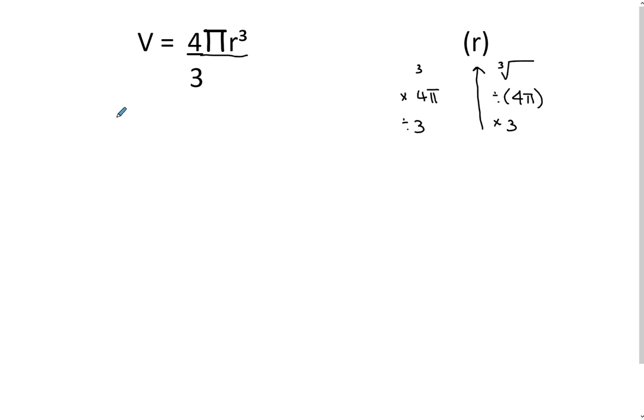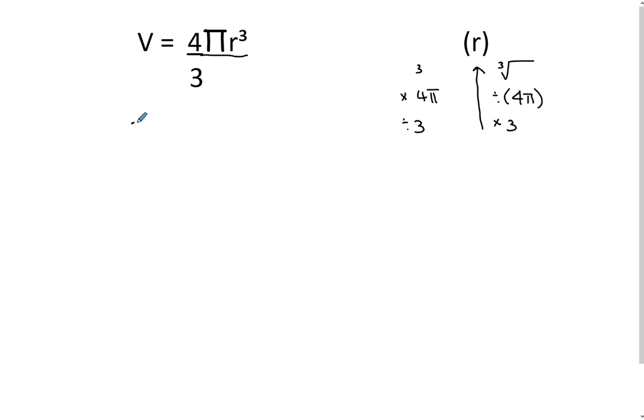Okay, and this time I'm going to do it all in one go, and I want you to be able to practice so many of the questions that you'll actually be able to do it all in one go.